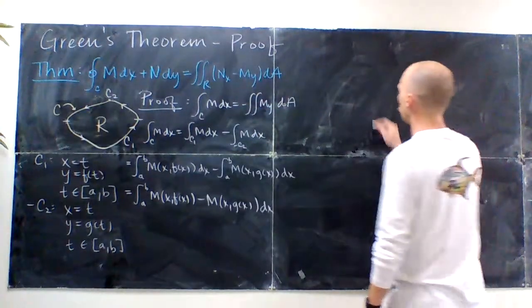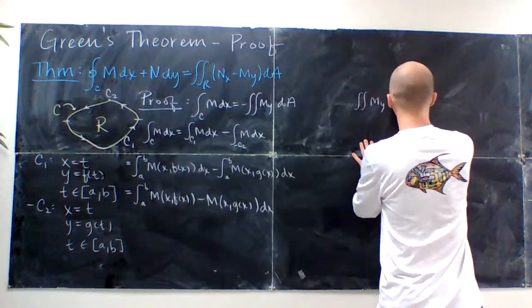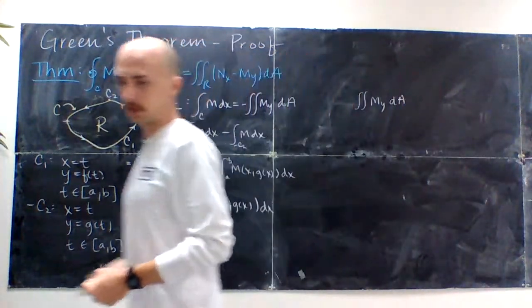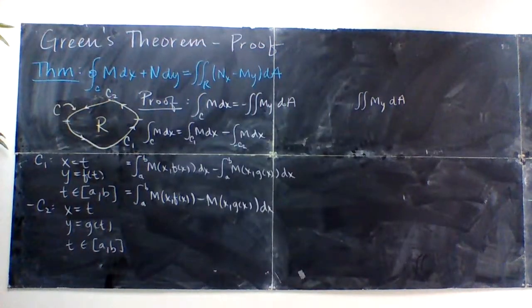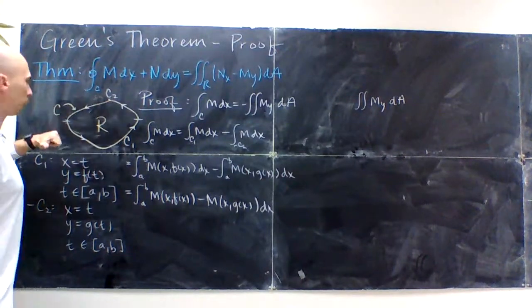So this double integral of my dA, and hopefully I'll be able to show that it's like the opposite of this. Well, let's look at the actual region that we're looking at. We have C1 and C2 parameterized with y as a function of x.